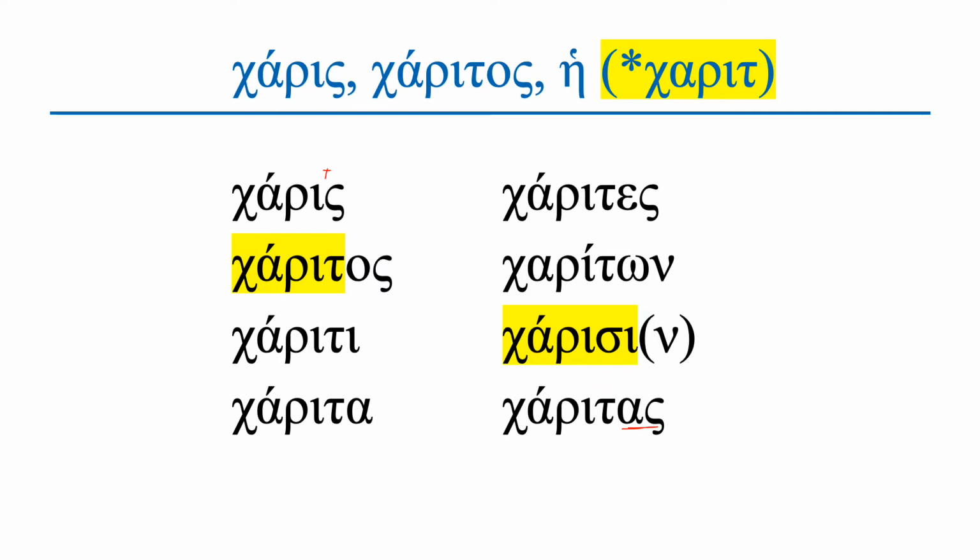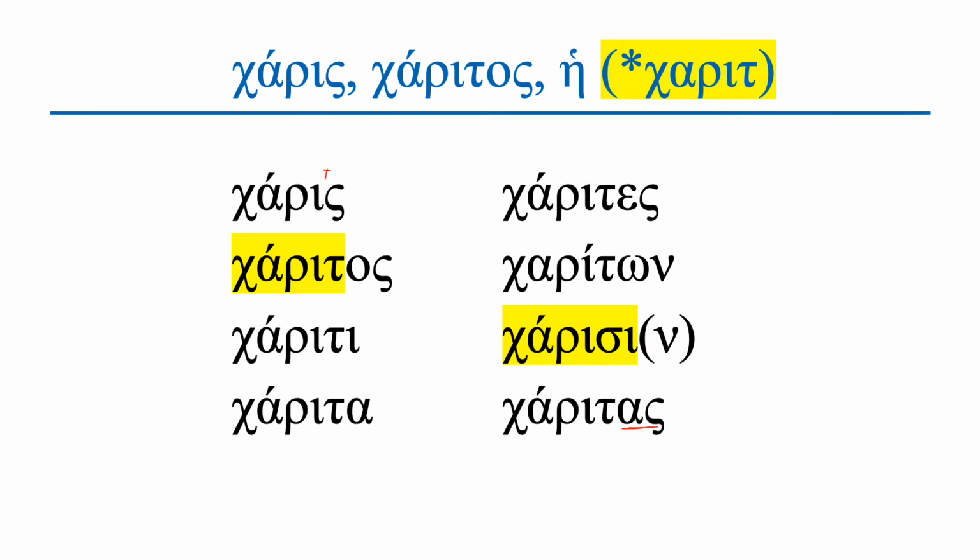Now, how do we get charis in the nominative? The case ending is sigma. So you put the stem charit and add sigma to it. The tau drops, and then you have charis.